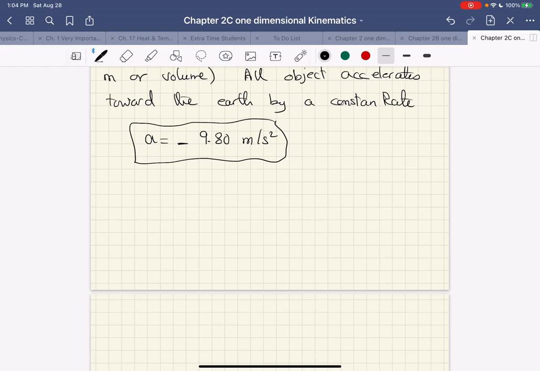Therefore, the equations that I used before, I can use them again. These are V final equals V initial plus AT; V final squared equals V initial squared plus 2A times (Y final minus Y initial). Now I'm going to say Y, because I don't want to change the notation.